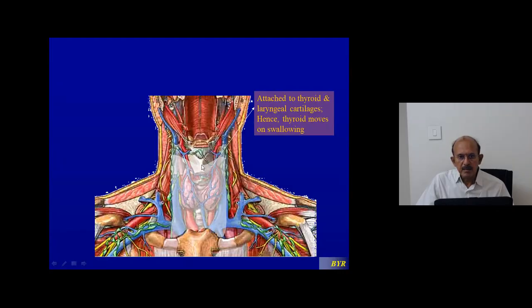Upper extent is to the thyroid cartilage, and lower extent. So lower, what is the attachment of the pretracheal fascia? To what structure is it attached?